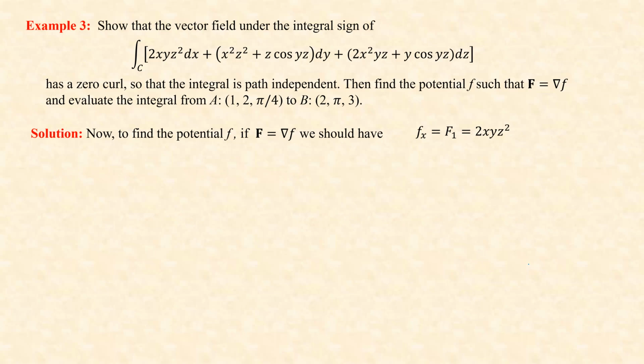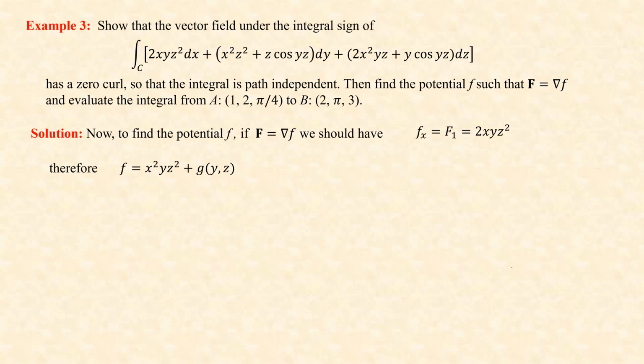This is f1, right? And then we integrate this with respect to x. We get x squared yz squared plus a constant, constant as far as x is concerned. So it could be a function of y and z. So we call it g of y, z, right?